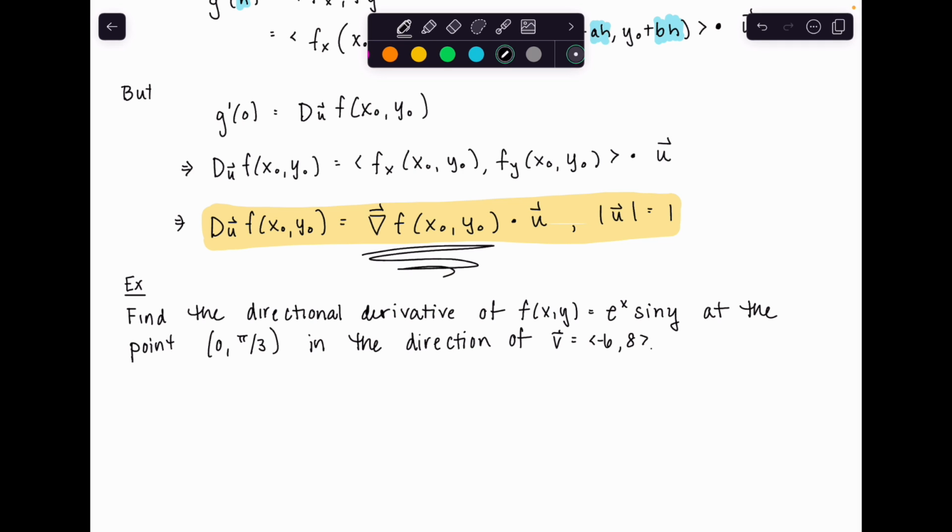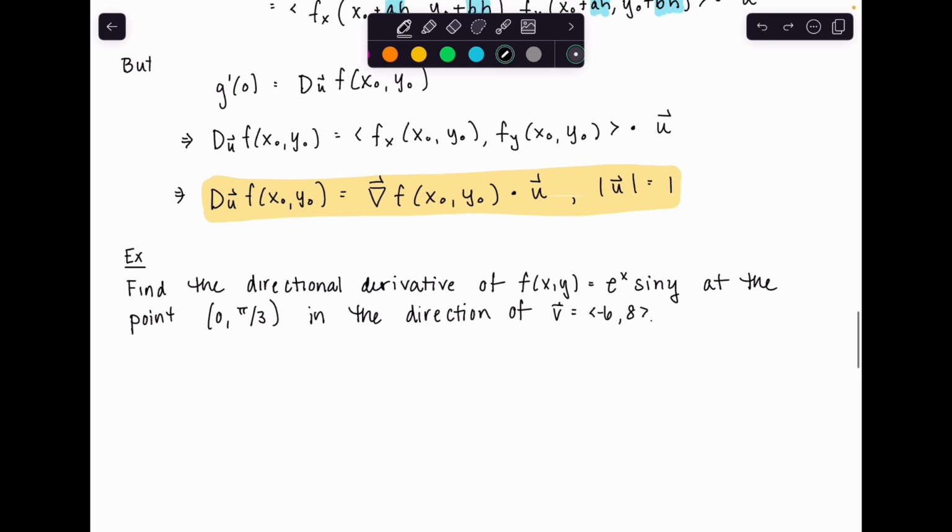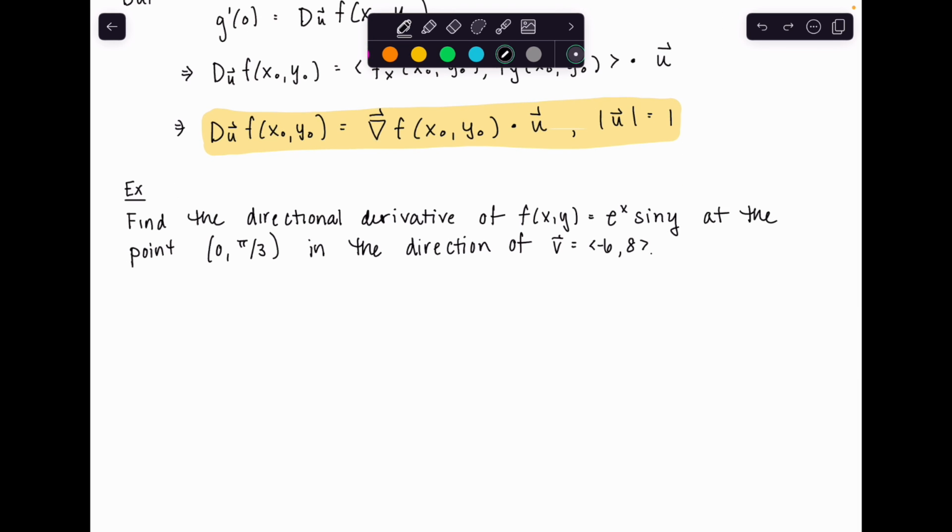So first thing I'm going to do is find this gradient vector, and then evaluate it at this specific point. So starting with our function, we need to find the partial with respect to x, and the partial with respect to y. If I find the partial with respect to x, sine of y is just a constant.